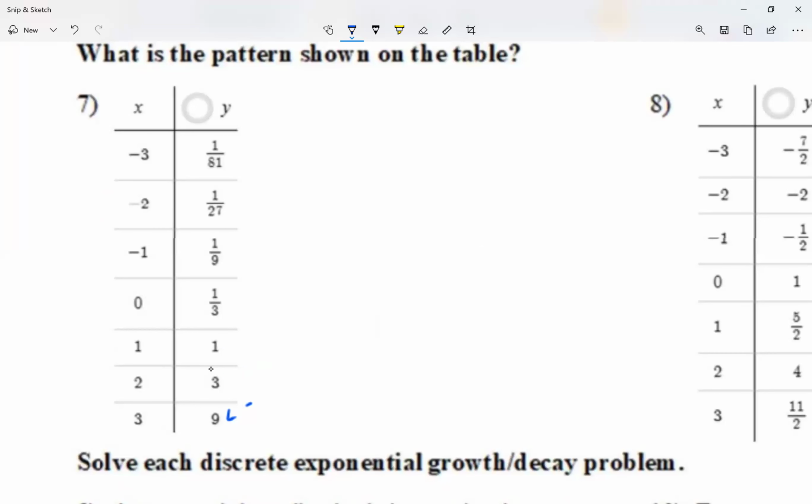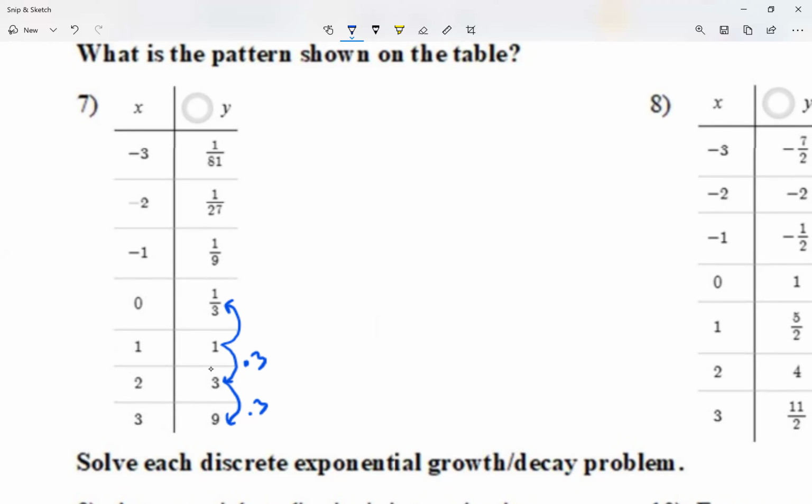Okay, let's see. What if it is exponential then? For 1 to become 3, I have to multiply by 3. And then I multiply by 3 again, and it works. Then how about the way back? When I was going down, it was multiplication.